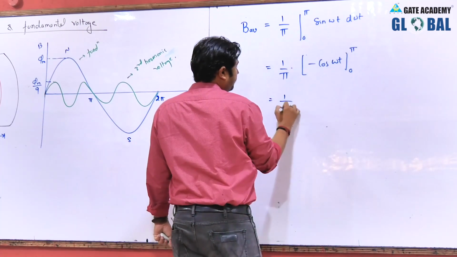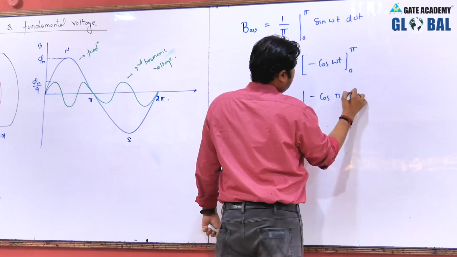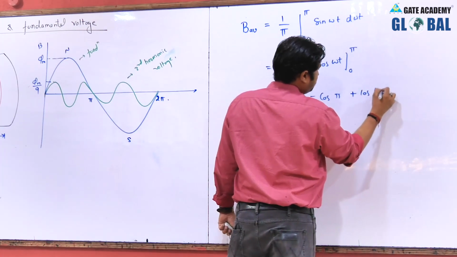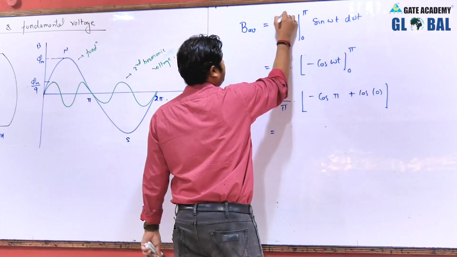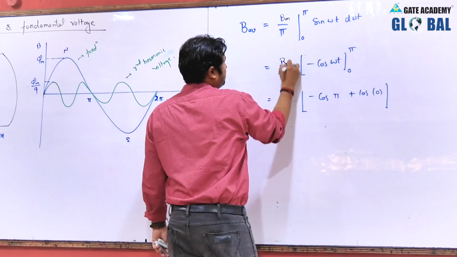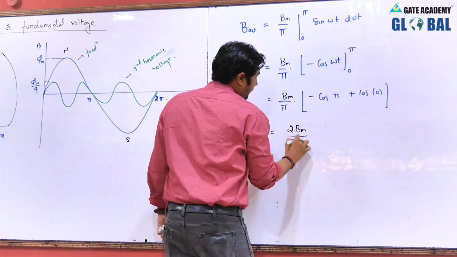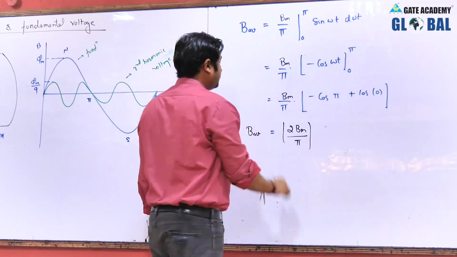This becomes 1 by pi into minus cos pi plus cos 0. The maximum flux density is Bm, so this becomes 2 Bm by pi. This is the average flux density corresponding to the fundamental.